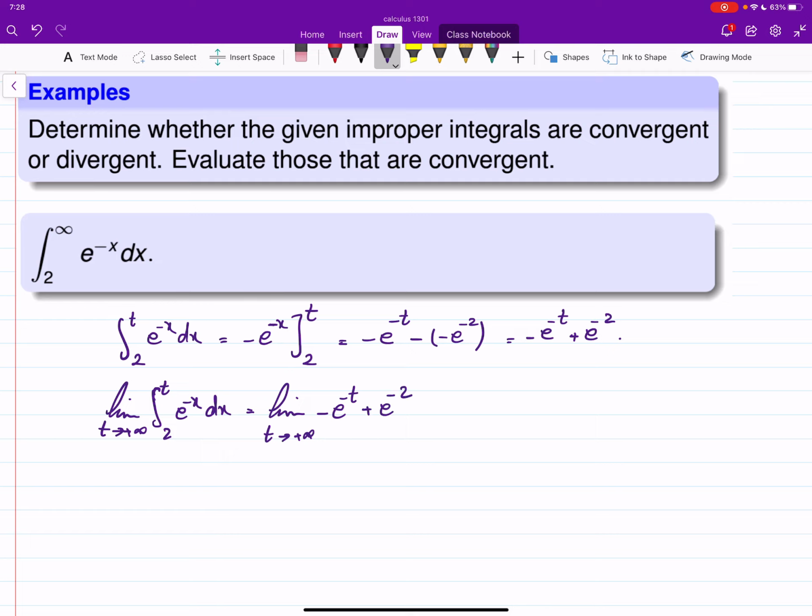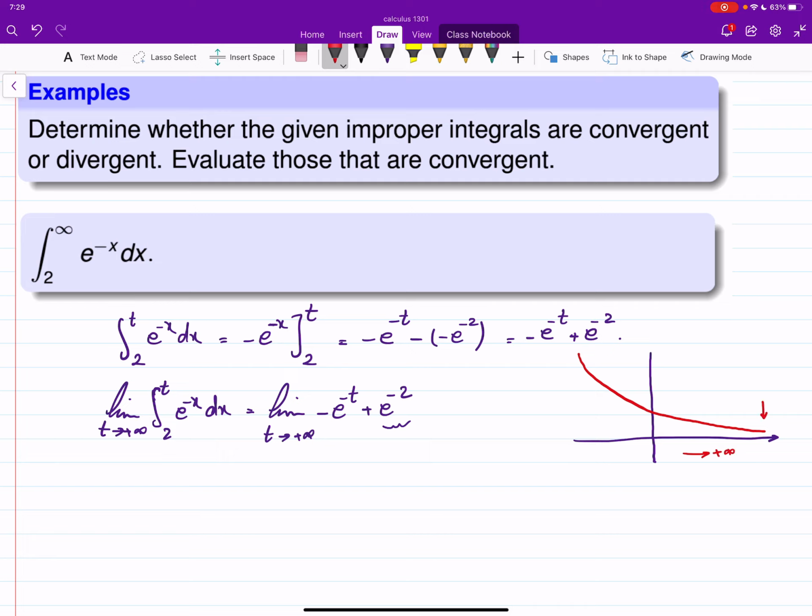Now, the limit of the integral from 2 to t of e to the power negative x dx as t goes to plus infinity. We first evaluate the integral, then find the limit of that. The second part is just a constant, but what is the limit of e to the power negative t? The graph of e to the power negative t will be helpful here. If t goes to plus infinity, the function goes to 0.